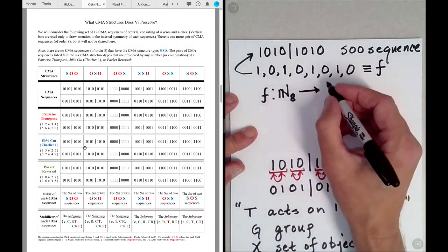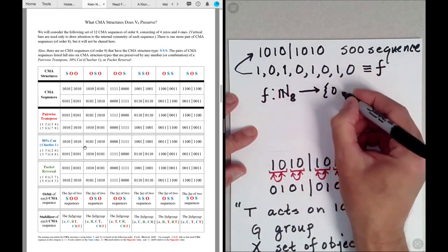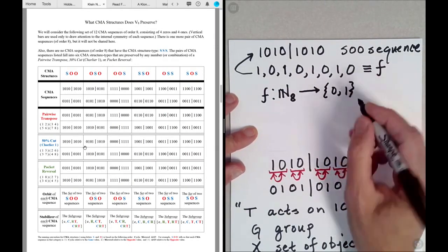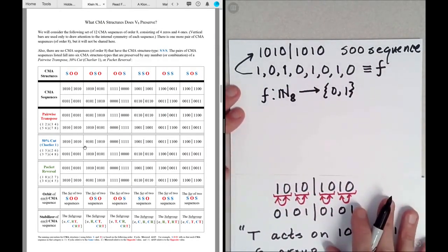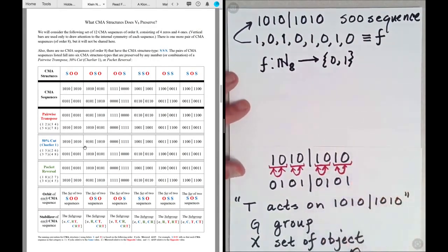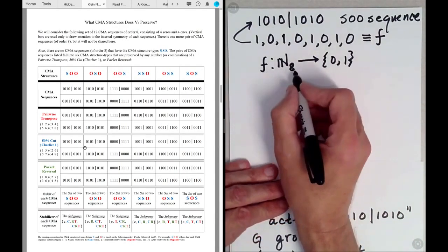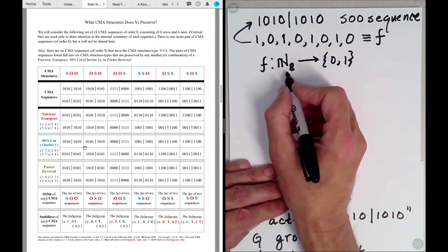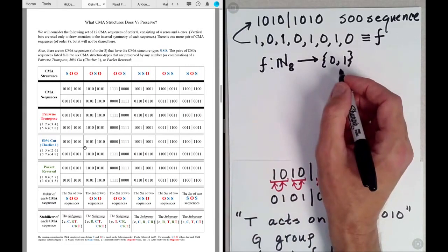Well, the sequence entries themselves are zeros or ones. So there you go. That is a function representation of that sequence, but it's pretty important to know that we really haven't said anything except what the domain and codomain is. To fully describe a function, you have to say what it does to each of its inputs.